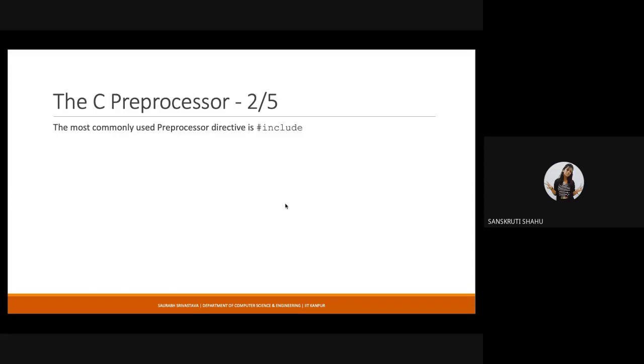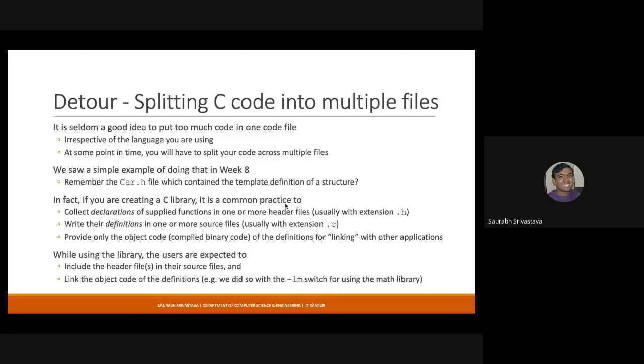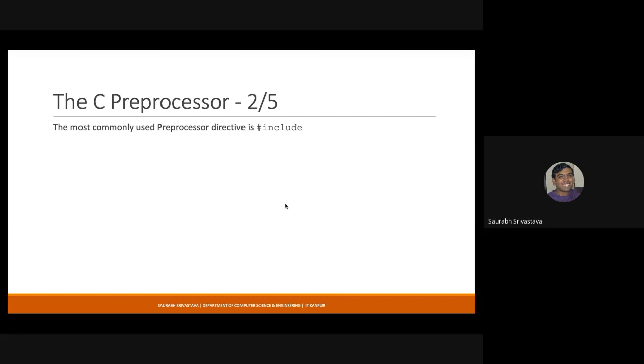The C preprocessor will be there, so you should know what happens when you use hash include or hash define, but there will be no code which involves understanding of the linker, for example, where you prepare object codes from different files and then merge them together using a linker. Those parts are not in the end semester syllabus. So that showroom example is not in the end semester syllabus either.